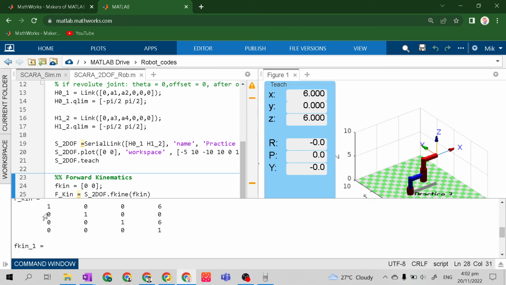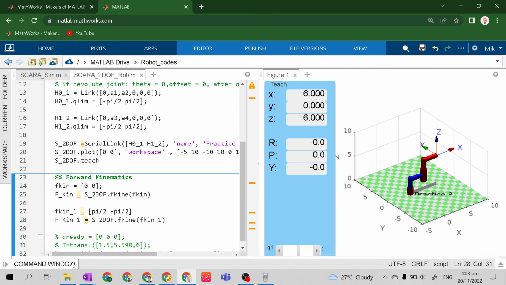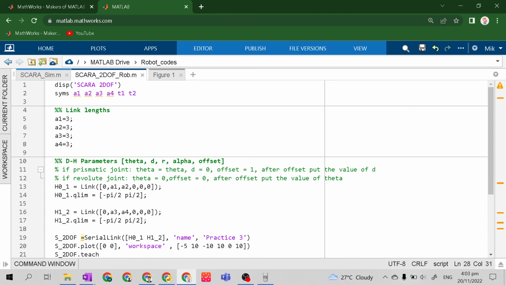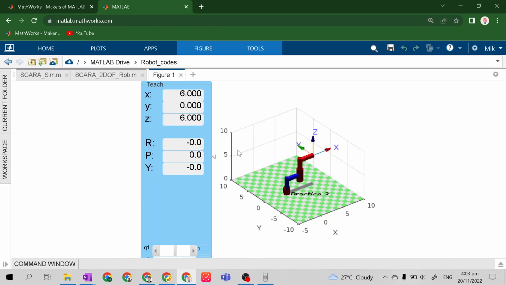So this is the 0 degrees, both 0 degrees for theta 1 and theta 2. The position vector is 6, 0, 6, the same as the end effector coordinate here at our simulator, and also the same with the values of Q1 and Q2, our joint variables.